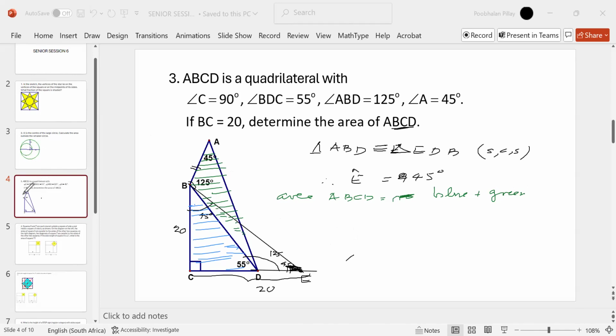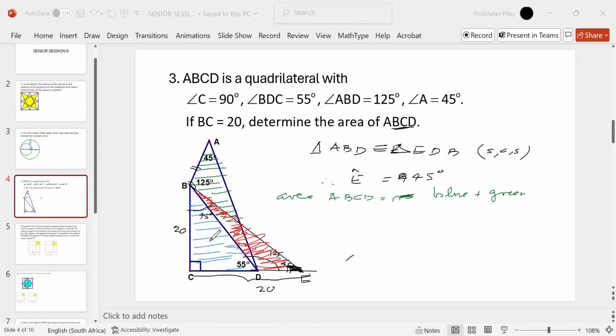See? So this area here we're talking about, that triangle is congruent to the green triangle. So therefore it must have the same area as the green triangle.